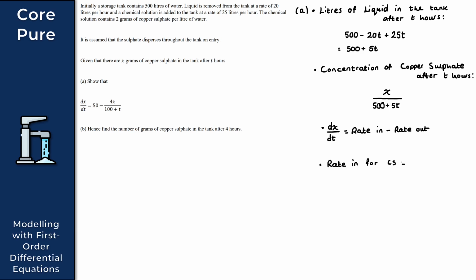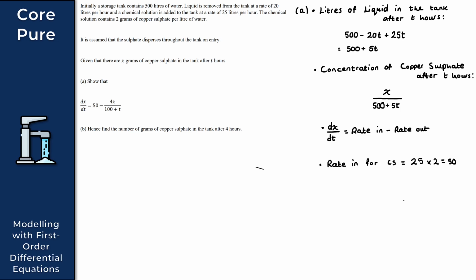What I'm going to get is 25, because we have the chemical solution going into the tank at a rate of 25 litres per hour. That's 25 times the grams of copper sulfate per litre of water, which we're told is 2 grams of copper sulfate per litre of water. So I've got 25 times 2, which would give us 50, of course, like so.